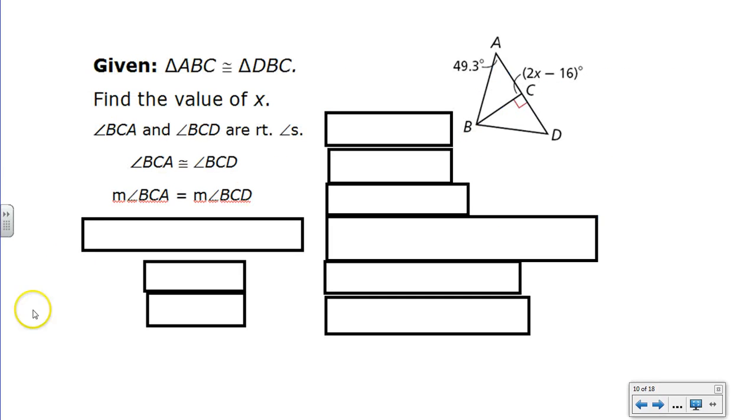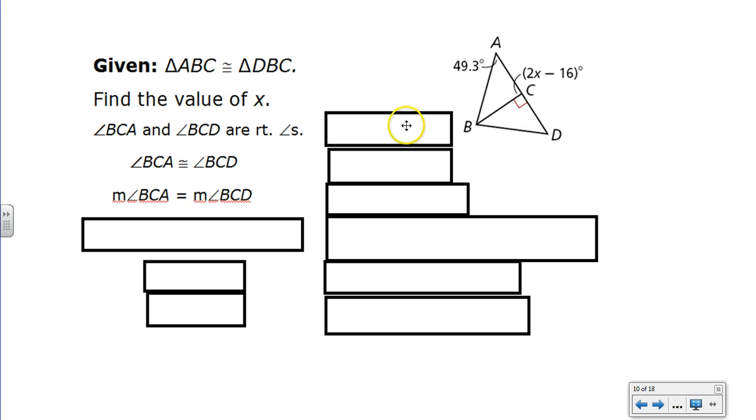So, given triangle ABC is congruent to triangle DBC, find the value of x. Okay? So we know that angle BCA and angle BCD are right angles. How do we know that?